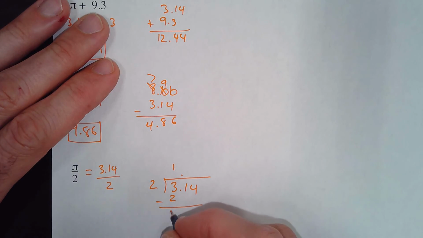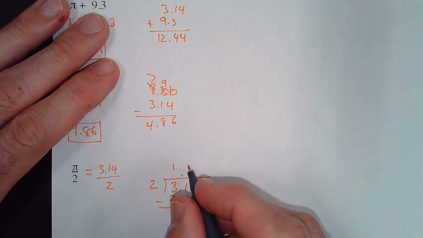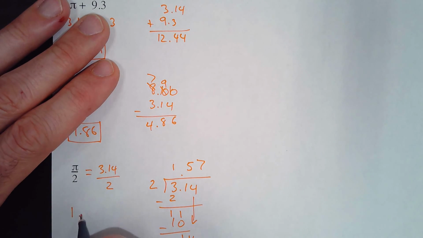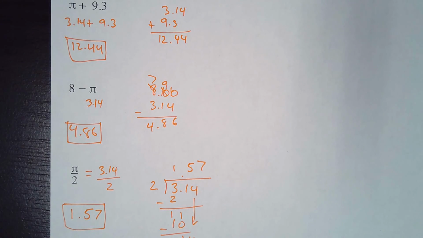Subtract, we get 1, bring down our decimal, 2 goes into 11 5 times. Subtract, we get 1, bring down our 4, 2 goes into 14 7 times. So this is equal to 1 and 57 hundredths, or 1.57.